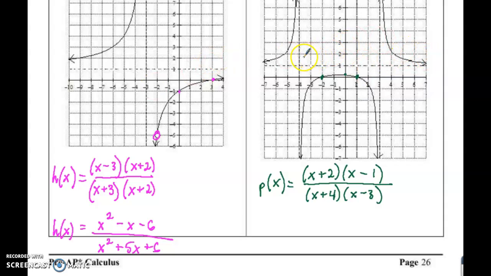And then if you look at your horizontal asymptote at y equals 1, well, if you were to multiply that out and get x squared, 2x minus 1x is 1x minus 2, and you divide your leading coefficients, you get a horizontal asymptote of y equals 1. And name it whatever you want. P of x, k of x. You can name them all f of x for all I care.